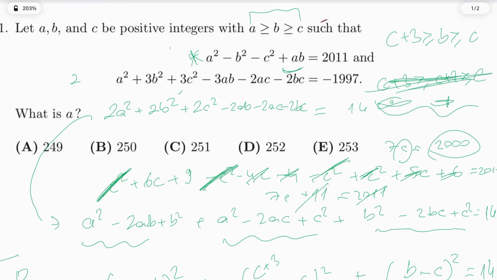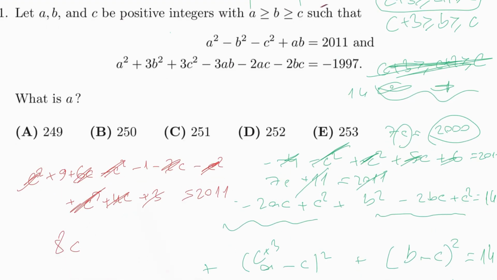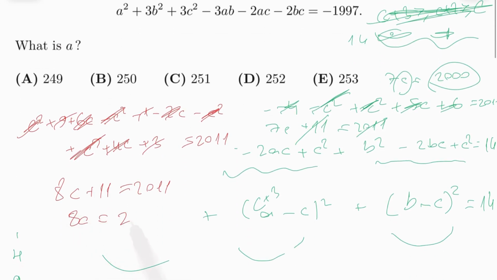So A is C plus 3, B will be C plus 1, and C is C. I take the square of A, which is C squared plus 6C plus 9, plus C squared plus 2C plus 1, minus C squared, and so on, which basically gives C equals 250.